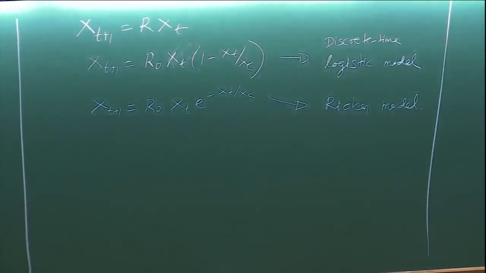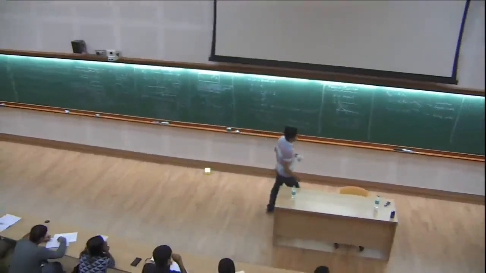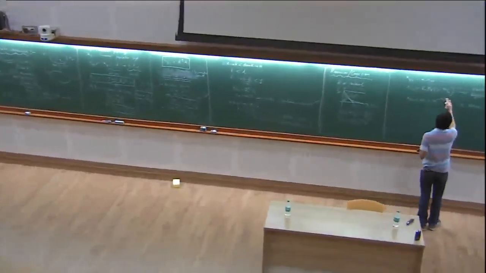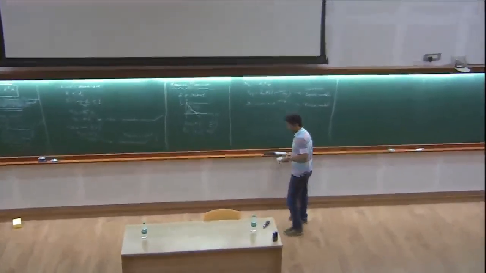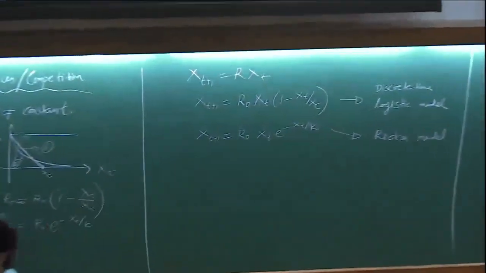So after the break, we'll come back and continue. How do we understand them? K is some constant. I'm sorry, I changed the constant from K to xc here.